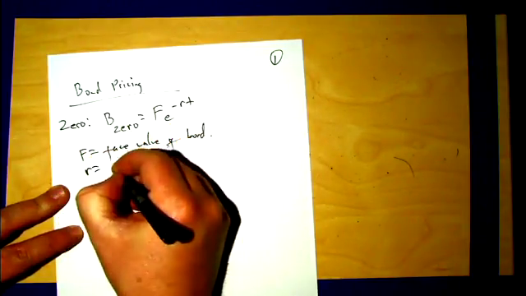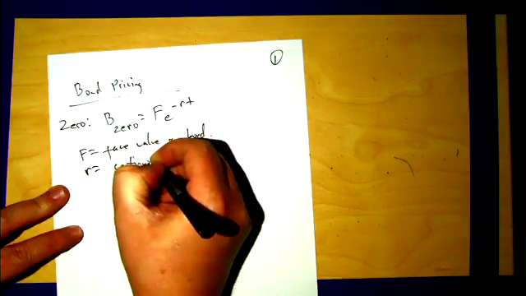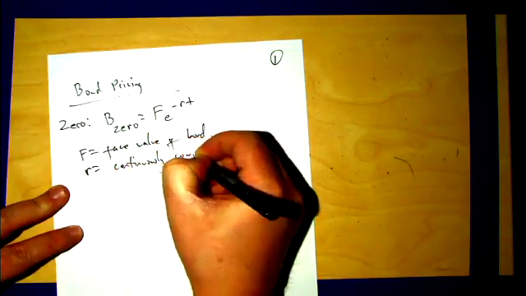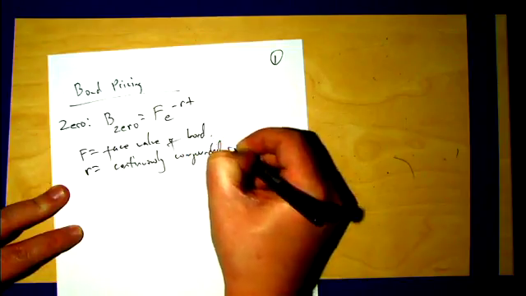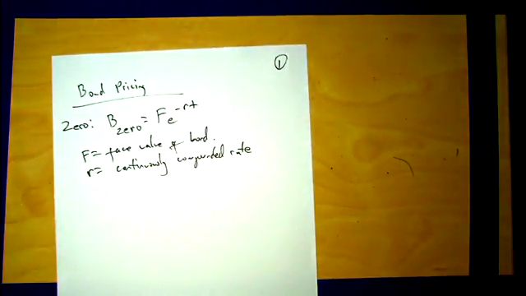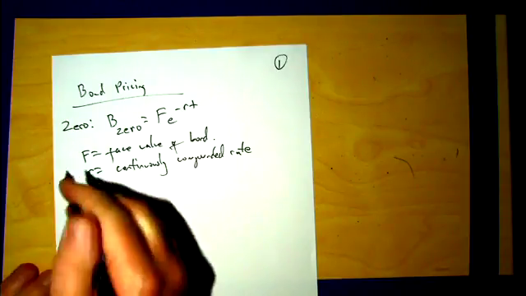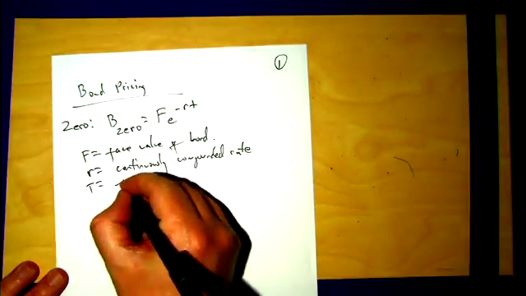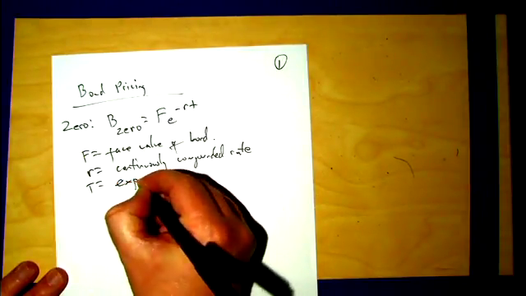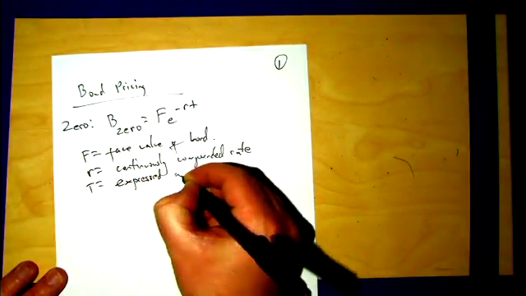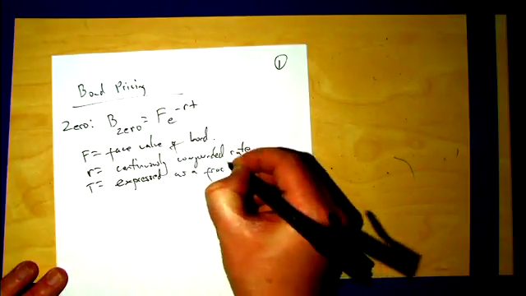R must be, again, my continuously compounded rate. If it's not compounded continuously, you need to do what we did last week to convert it to a continuously compounded rate. And my t, or my time, is going to be expressed as a fraction of a year.